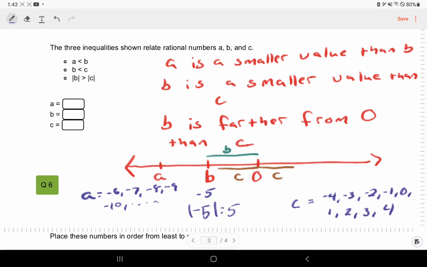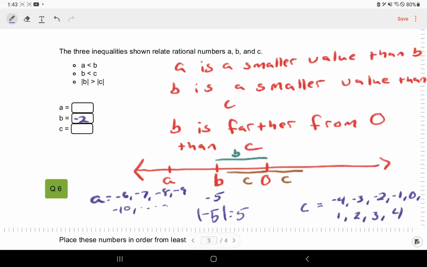So pick your B so that you can find your C. And once you've found your C, you can pick your A. And so, if I pick -2, then C can be -1, 0, or 1.